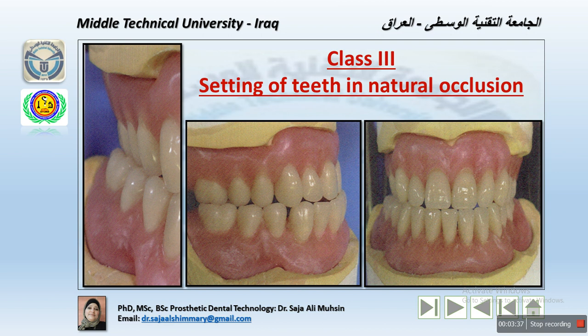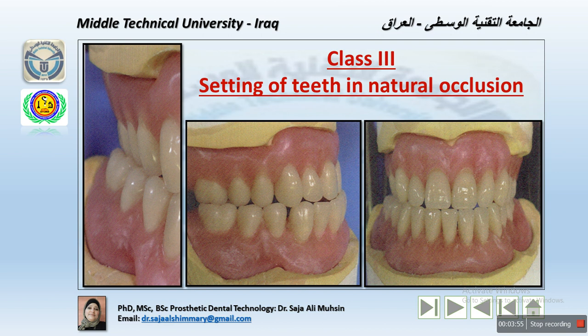This is to support the cheek and prevent it from falling onto the buccal surfaces of the lower teeth and being bitten during function. So the crossbite will normally be seen with class 3.